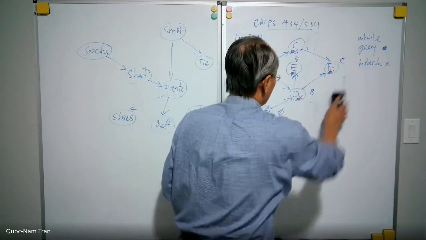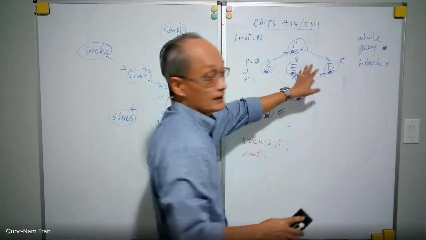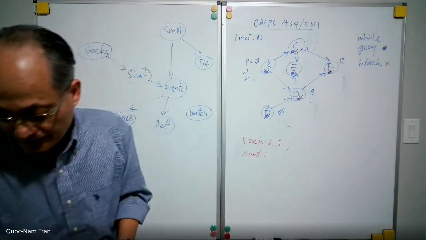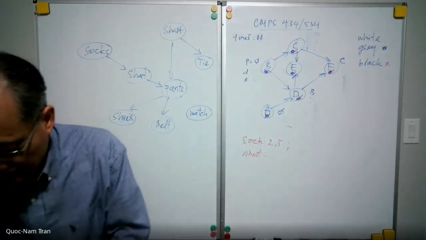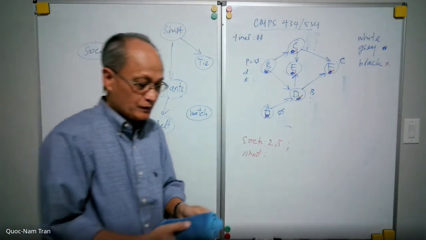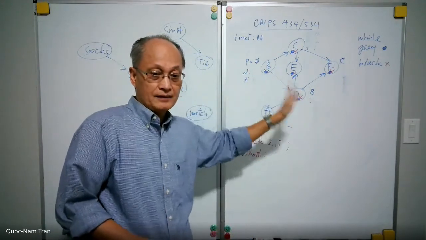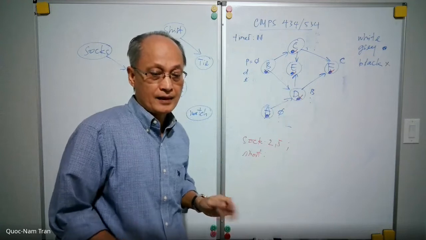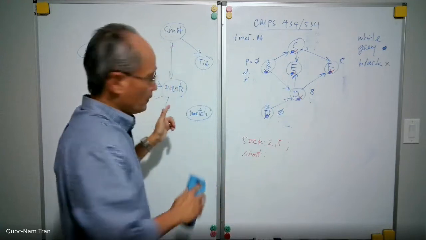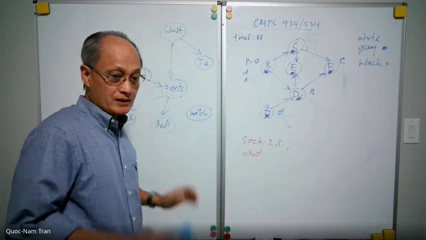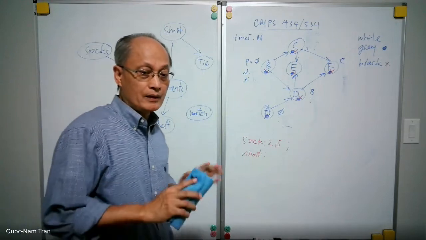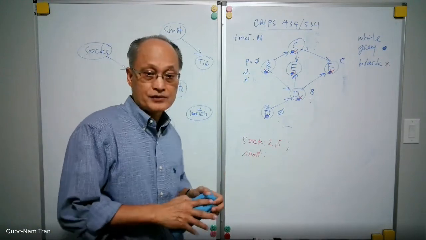And you will see that the results may be a little bit different. But later on, we will try to show that regardless of whatever vertex you start with, the topological sort is always correct, meaning there will be no violation of the constraints.